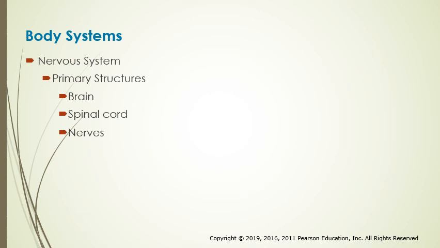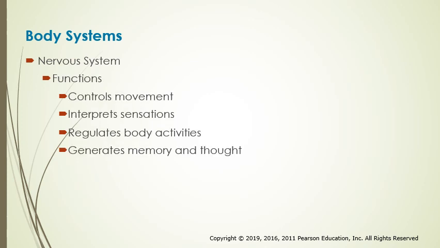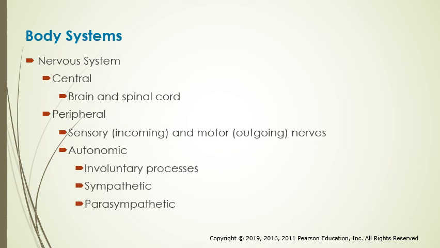Our nervous system is basically our supercomputer that runs everything. It's made up of the brain, spinal cord, and nerves. Its functions, obviously, it controls everything. It controls movement, interprets sensation, regulates our body activities, and generates memory and thought. The nervous system is divided into two parts, central and peripheral.